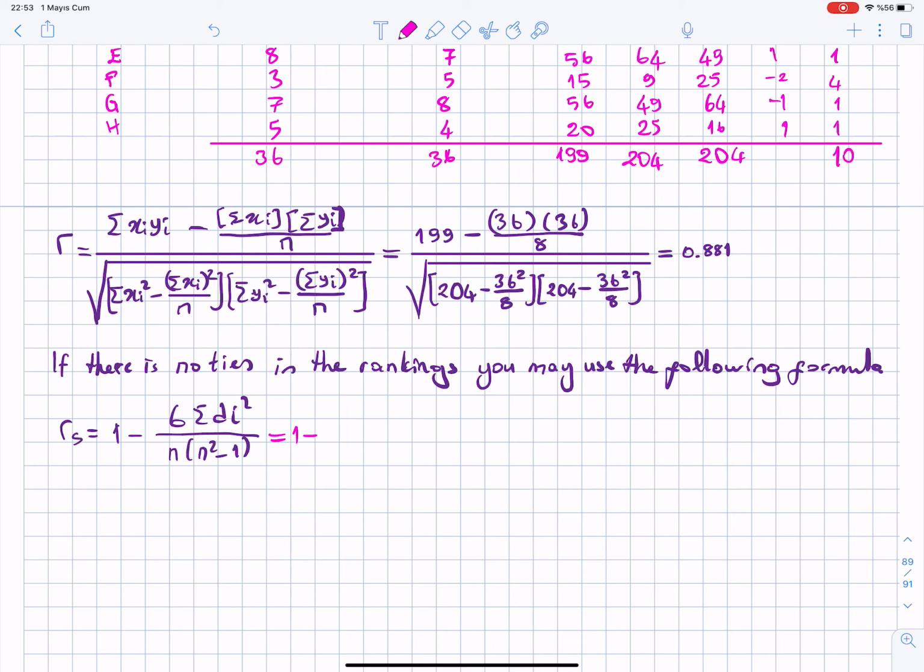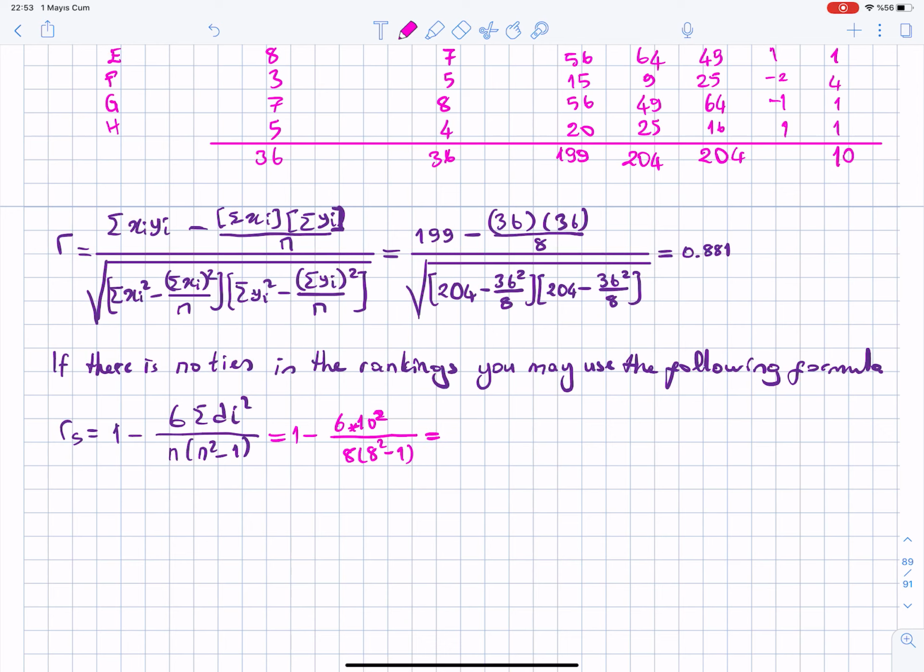If I substitute here, everything works: 1 minus 6 times 10 squared divided by 8 times 8 squared minus 1.